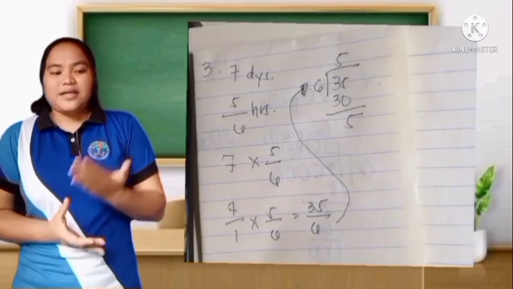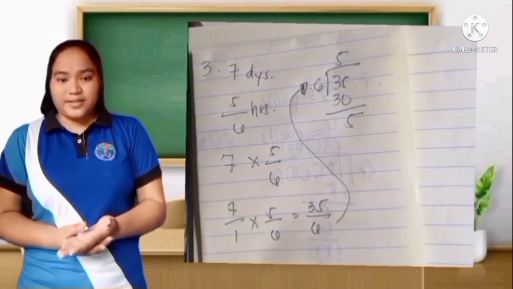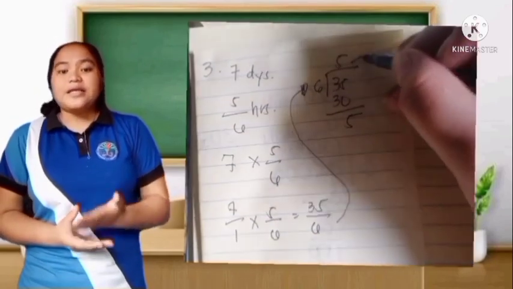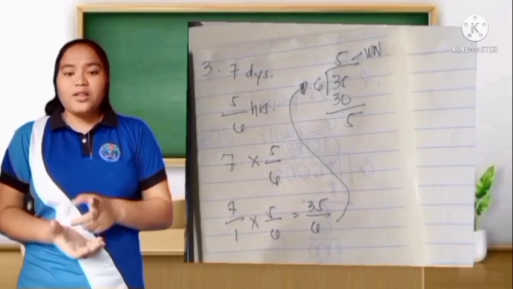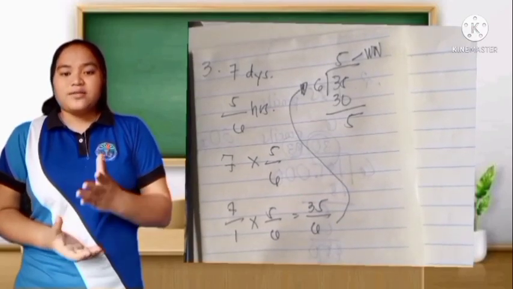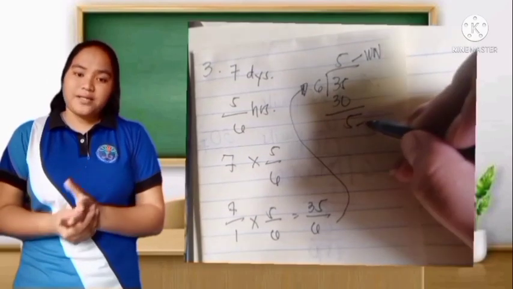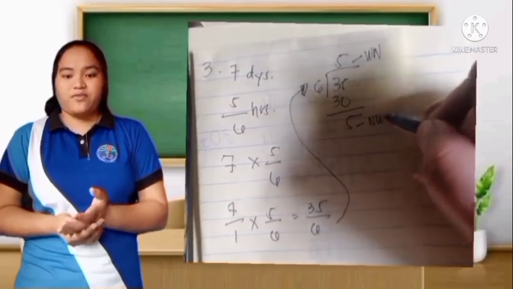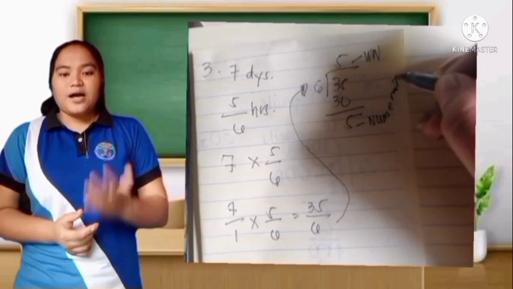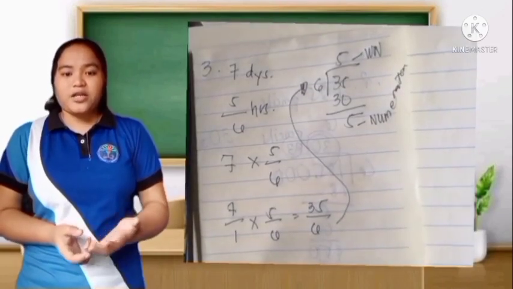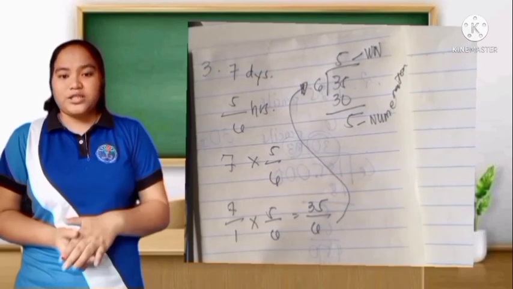Now, sabi rito, express your answer as a mixed number in simplest form. So, our whole number is 5. The answer in 35 divided by 6 is our whole number, which is the 5. And our numerator is the answer in subtracting 35 minus 30, which is the 5.